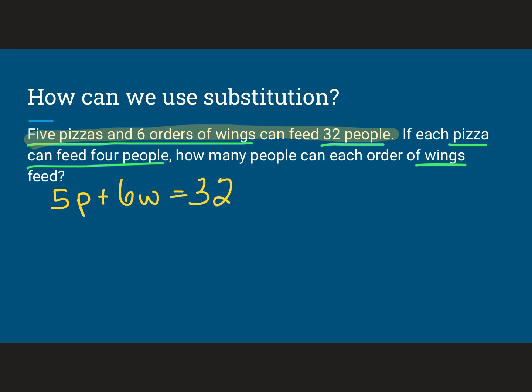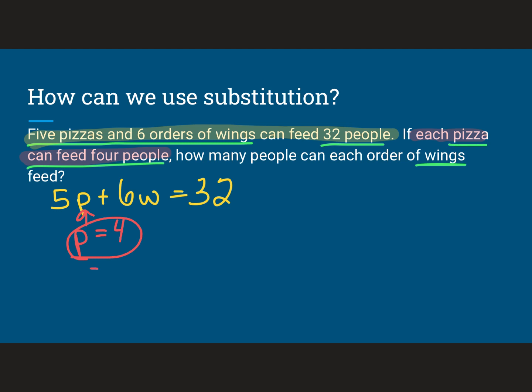My other one that I have here is each pizza can feed 4 people. Okay, so let's write that. Each pizza can feed 4 people. So P equals 4. So now I'm going to solve this. Again, my value for P is going to go right there.